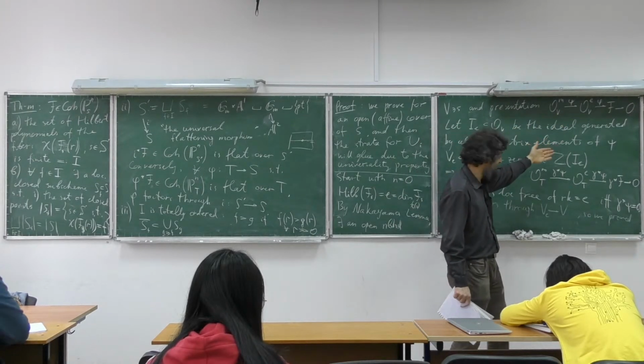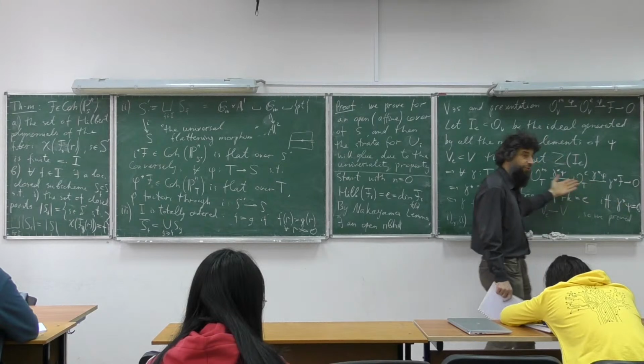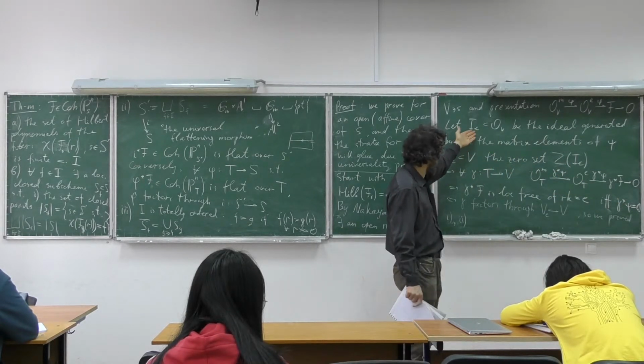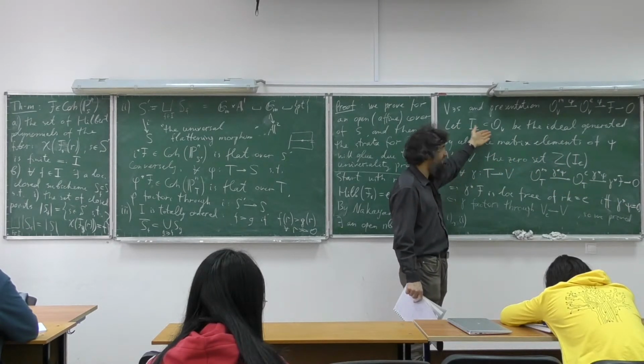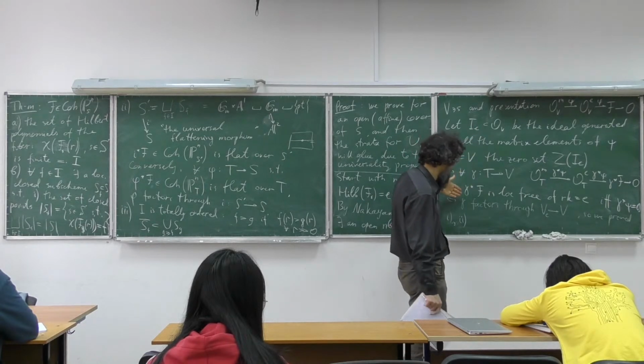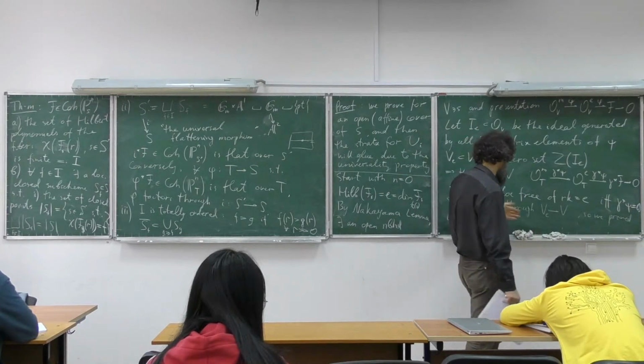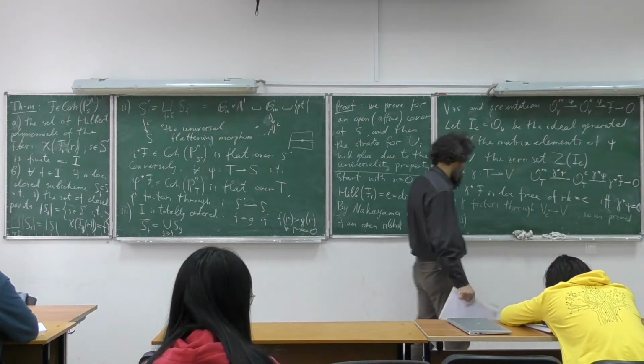So the pullback of psi being 0 is equivalent to the fact that we are lying in the zero set of this ideal. So our gamma factors through this closed embedding.